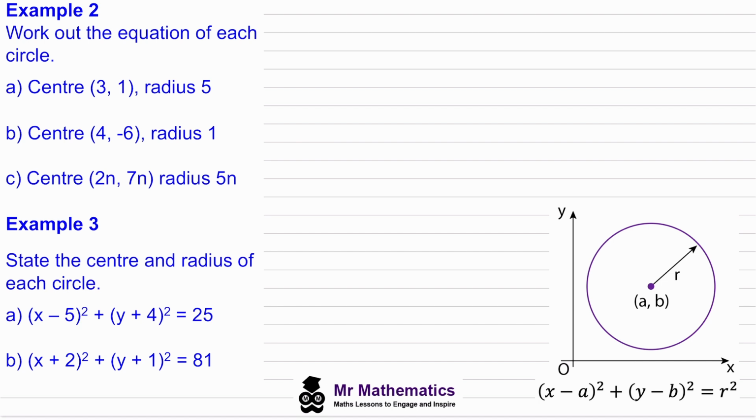Okay, so for part A, we can see that our a value is this 3, the b value is this 1, and the radius is given as 5. So the equation of this circle then will be (x minus 3) squared plus (y minus 1) squared, and this will equal the radius squared, so 25.